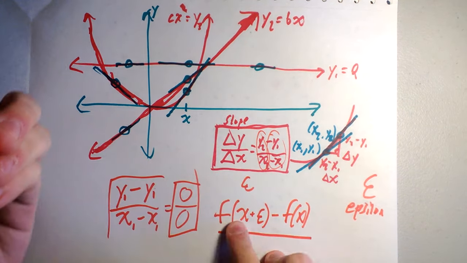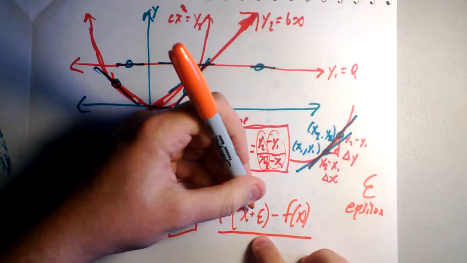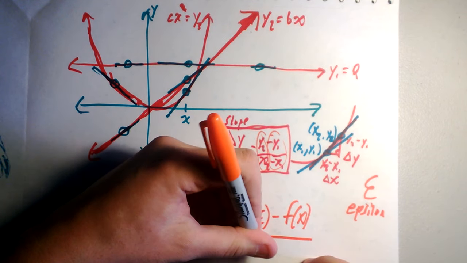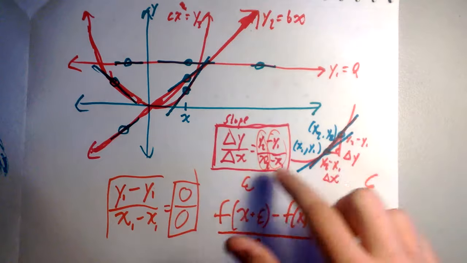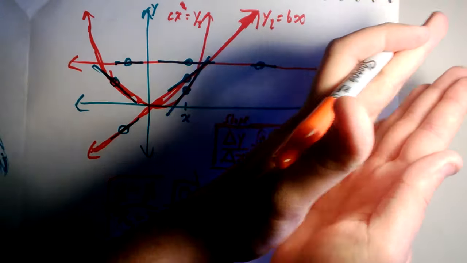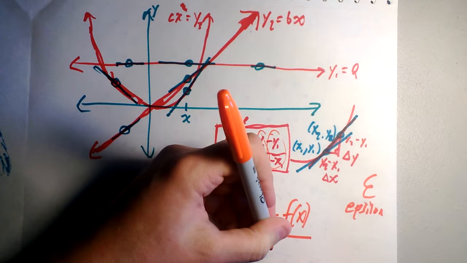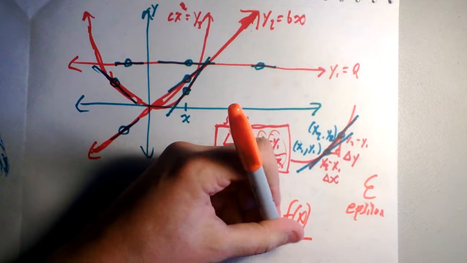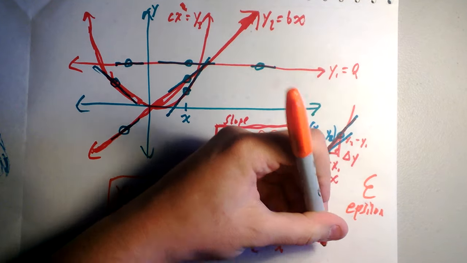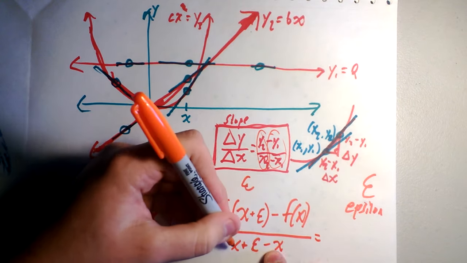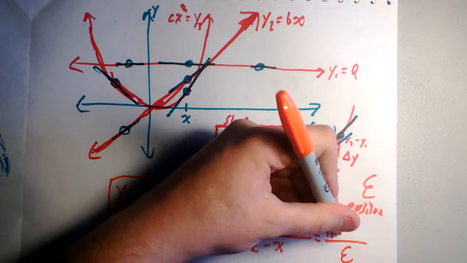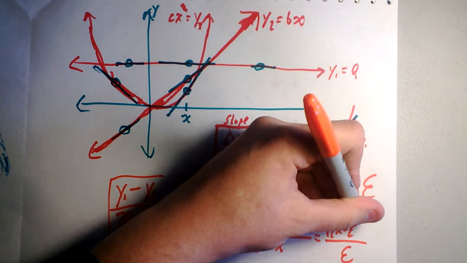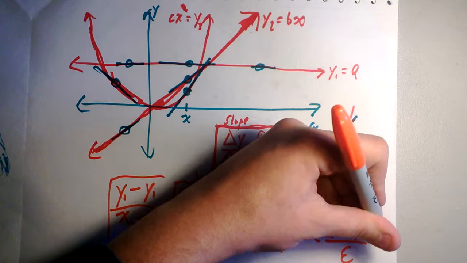Then you subtract the inputs: the first input is x plus this epsilon, a small value that's going to approach 0, so we get a finite line. And we subtract this input. The nice thing is these two x's cancel out, so you get an epsilon on the bottom: f of x plus epsilon minus f of x.